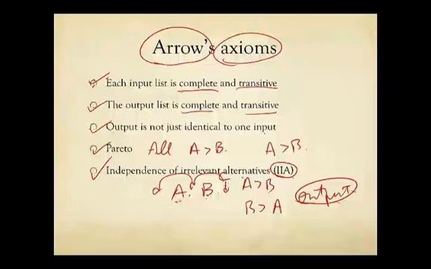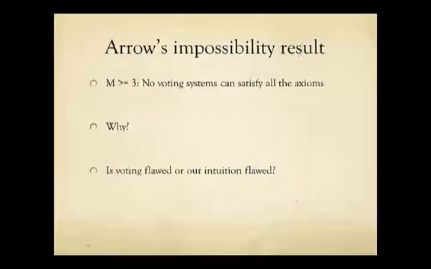Independence of irrelevant alternatives. All right, all 5 statements sound fair enough. We can convince ourselves that all should be true. Then we ask, what kind of systems would satisfy all 5 axioms? And the surprise is none.